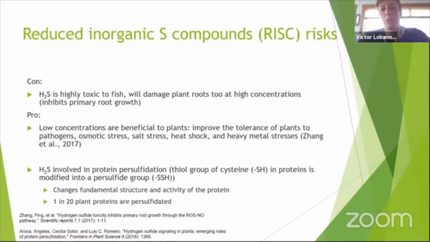But for some reason, plants really like them, and they use them as a signaling molecule. So they are not bothered by that. And the microbial community will provide some amount of hydrogen sulfide. In low concentrations, it's beneficial to plants, and it's involved in a lot of different stress pathways.